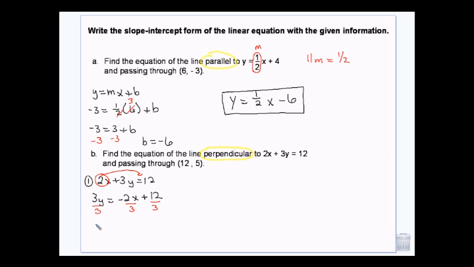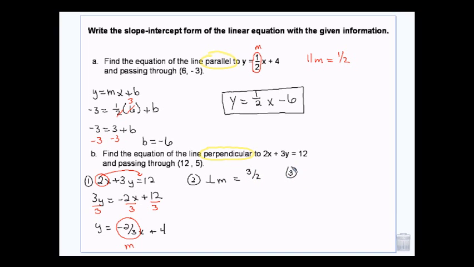So I get y is equal to negative 2/3 x plus 4. This is m. But for step 2, I don't want m, I want perpendicular m. So if my m was negative 2/3, my perpendicular is going to be 3 over 2. Perfect.